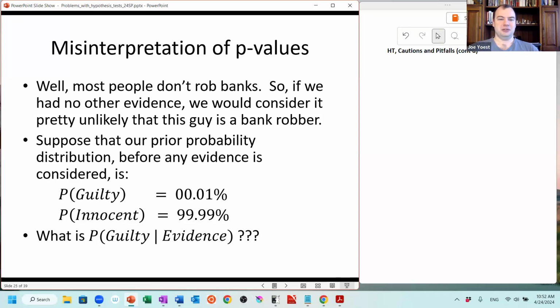I've counted the same pieces of evidence now how many times? It's the prosecution's job to present all of the evidence against the defendant.